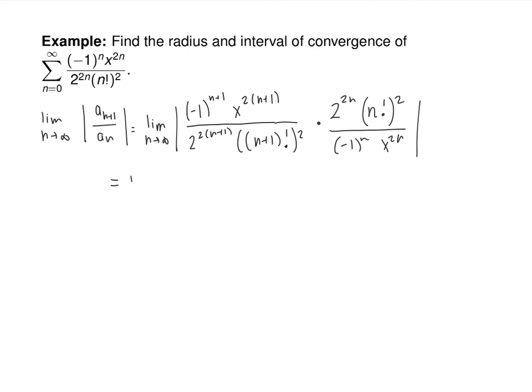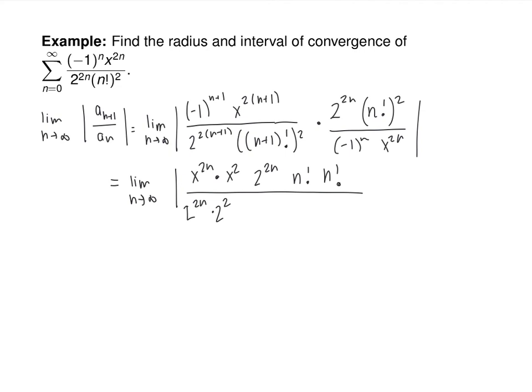So that's the limit as n goes to infinity, absolute value x to the 2n times x squared, 2 to the 2n n factorial times n factorial, over 2 to the 2n times 2 to the second.